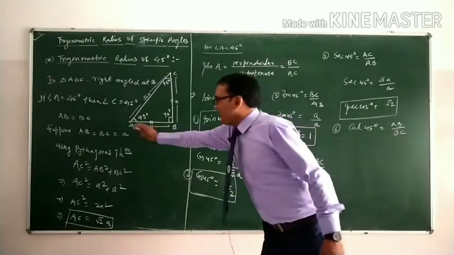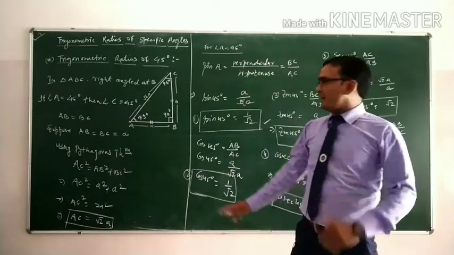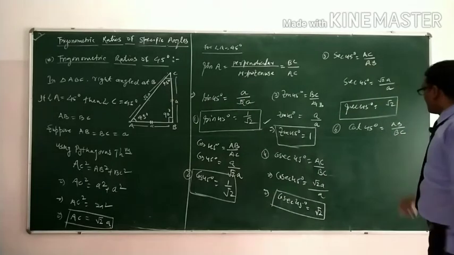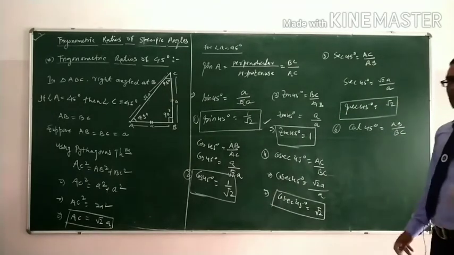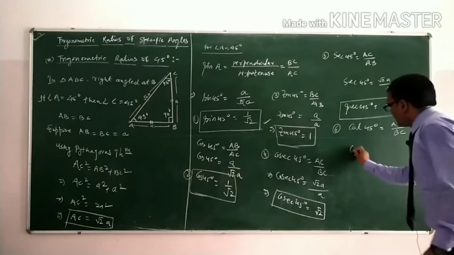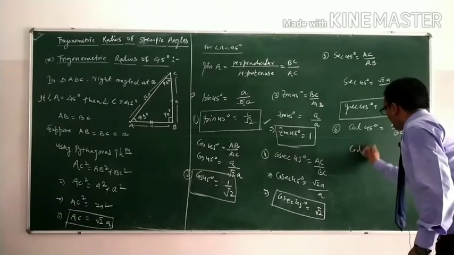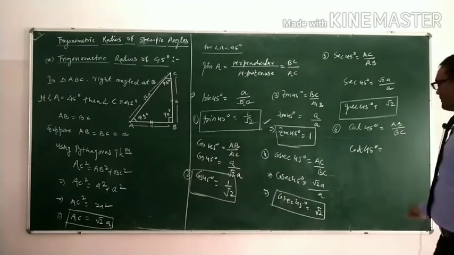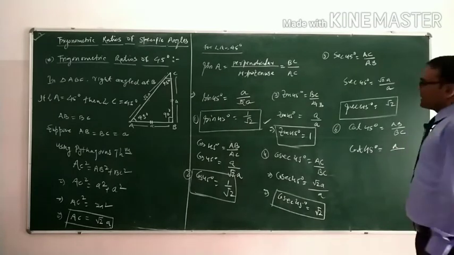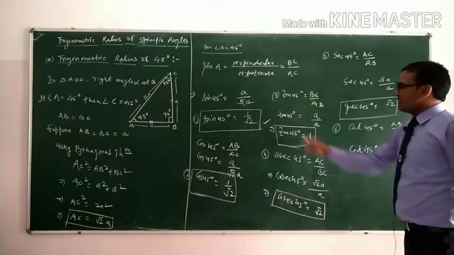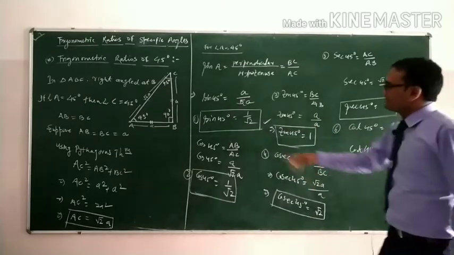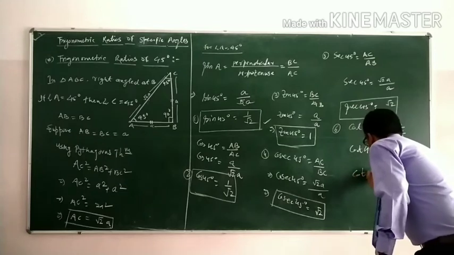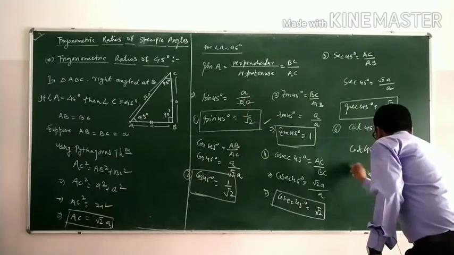For angle A, the base is AB and the perpendicular side is BC. Then cot 45 degree is AB upon BC. AB is A and BC is also A. Then cot 45 degree is 1.